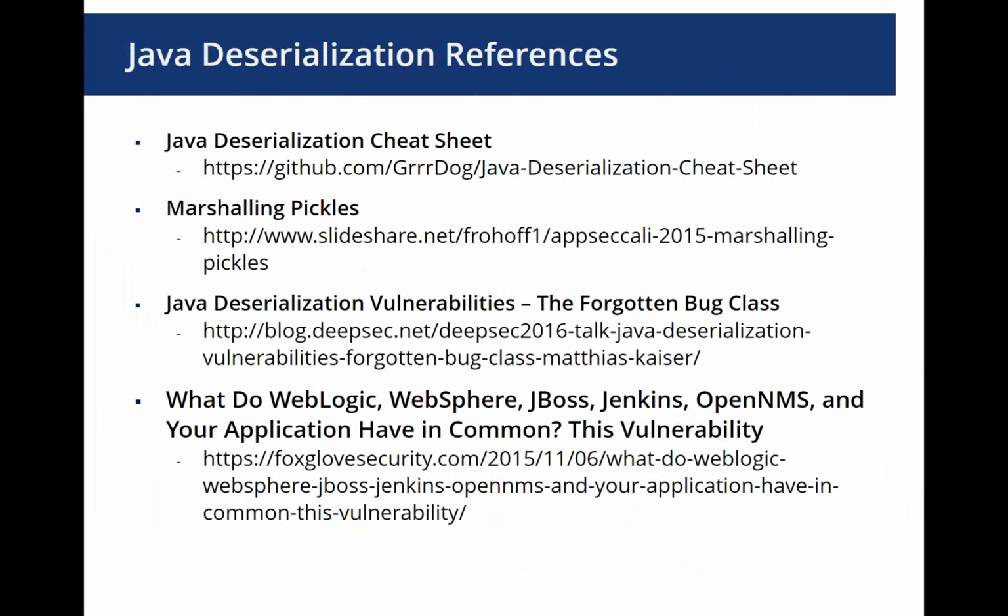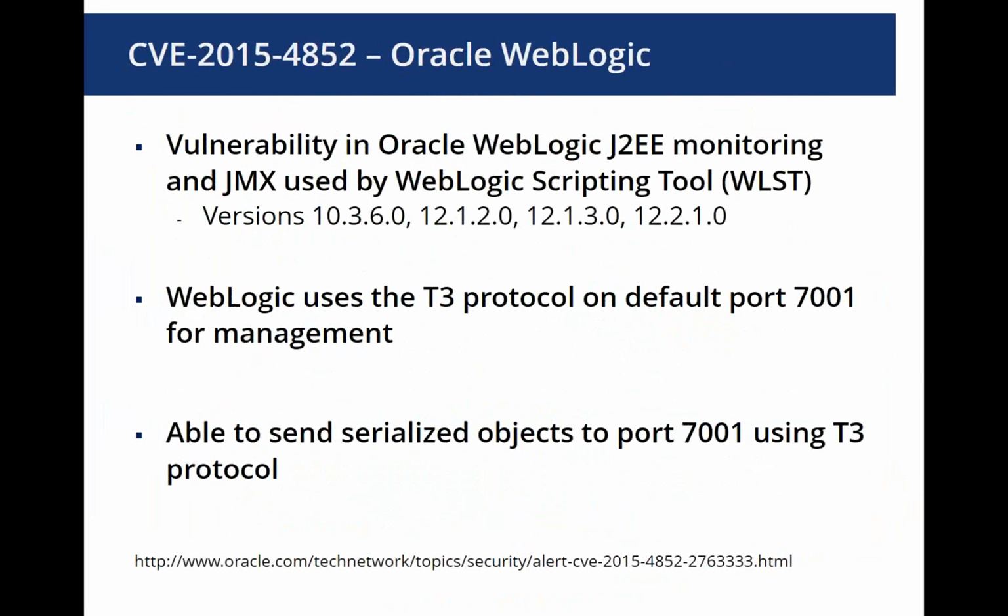Again, this vulnerability stretches across all Java applications, and it's also applicable in other languages besides Java. But these are some very good Java and Oracle related references that give you some more detail if you want to get into the bits and bytes of how this works. I'll try to keep this high level because I know there's a lot of different backgrounds on the call.